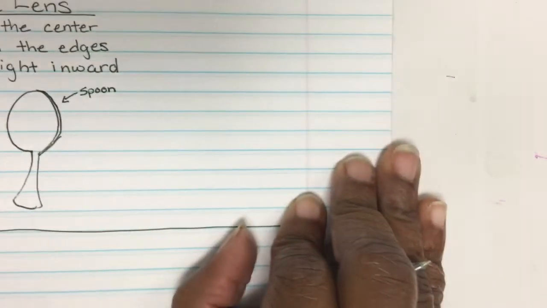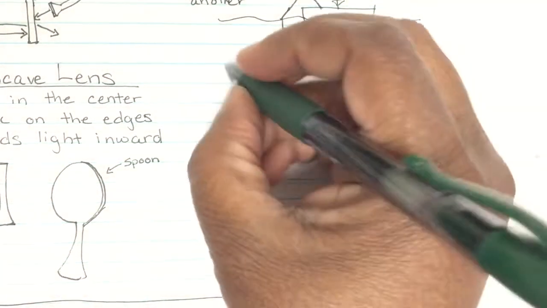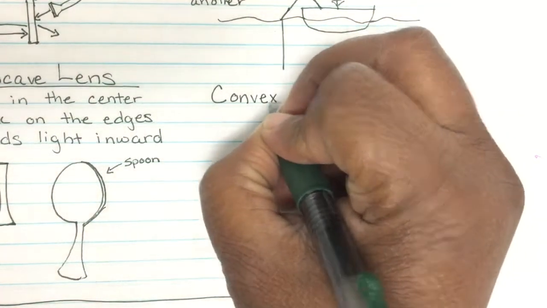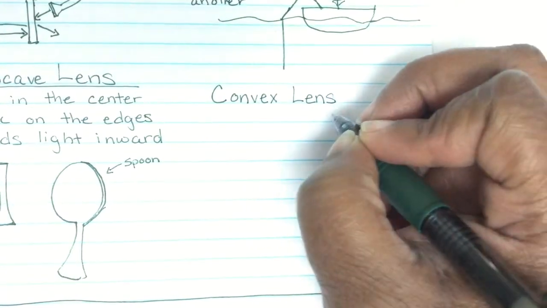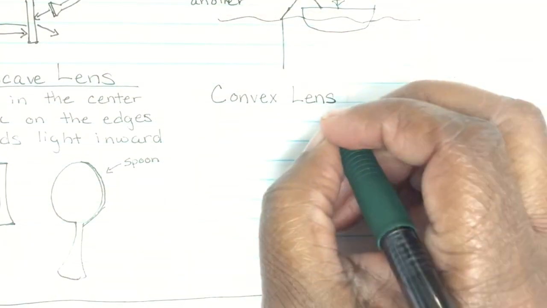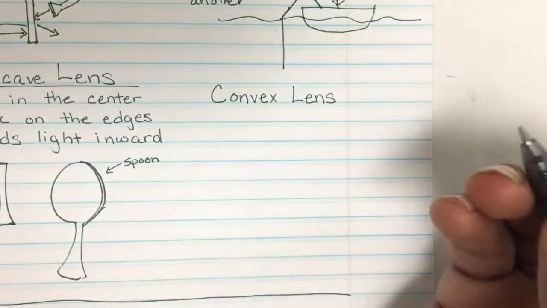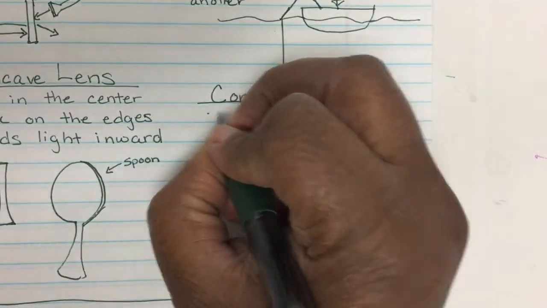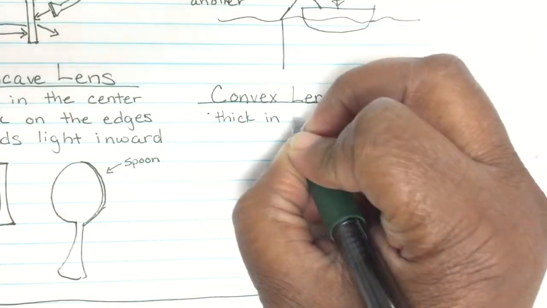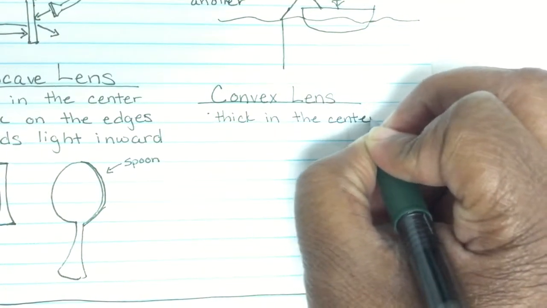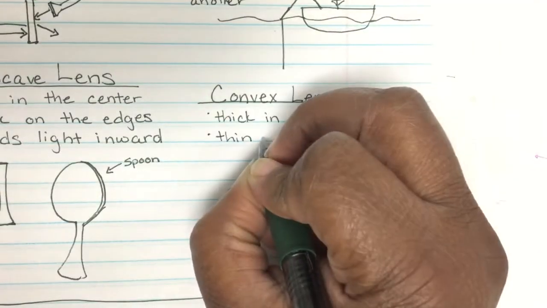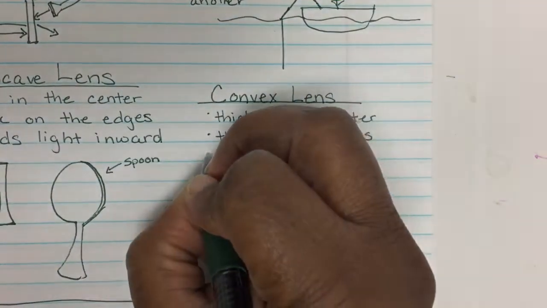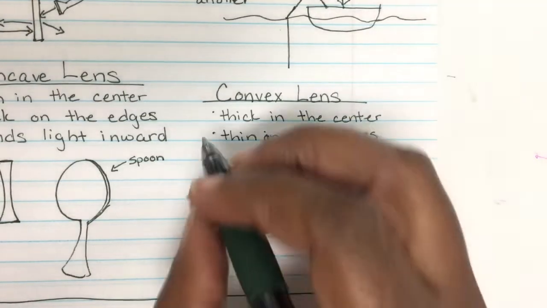Our last topic is going to be a convex lens. So a convex lens is thick in the center and thin on the edges, so the exact opposite. And instead of bending the light in, it's going to bend the light out.